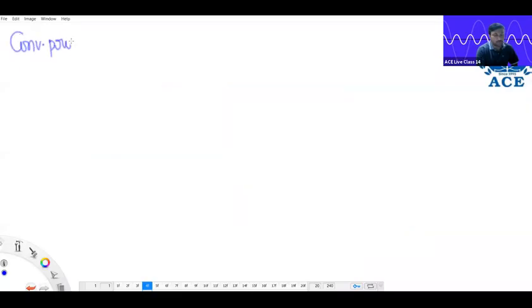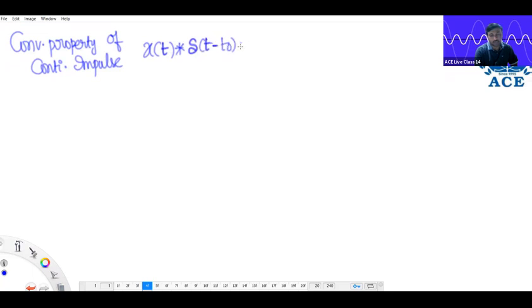Convolution property of continuous impulse. Any signal convolved by a shifted impulse. What is that property? Any signal x of t convolved by a shifted impulse means the respective signal is shifted by that much amount.